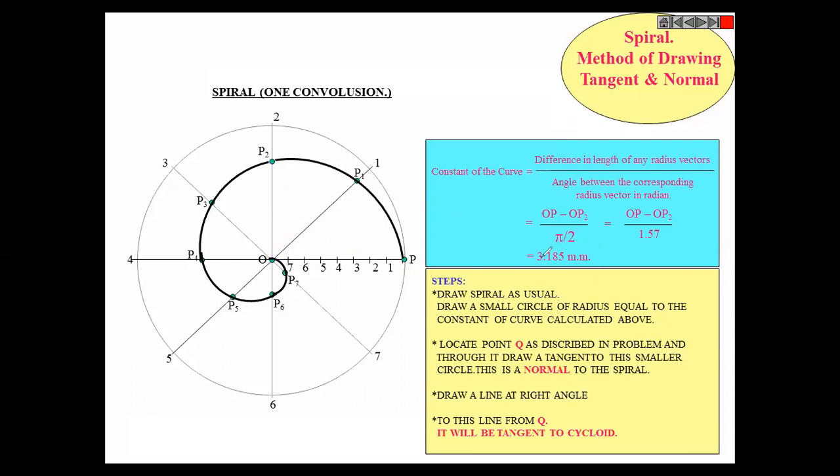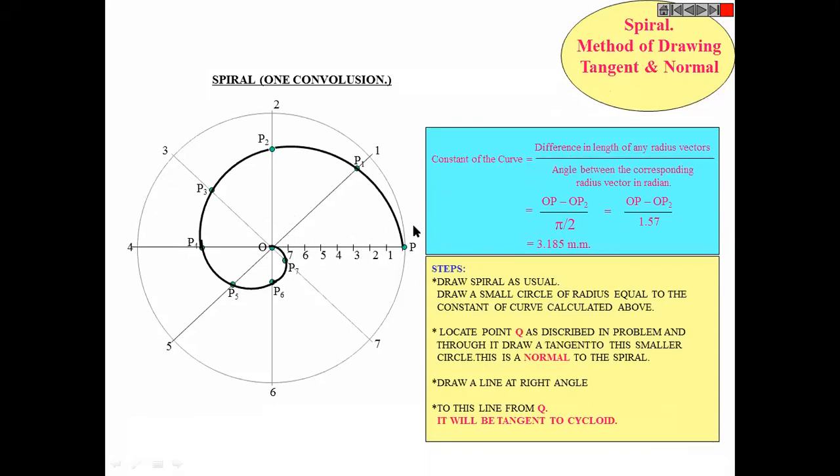Now you need to draw a circle from the center with radius equal to this value. That is the next step. The point is given. Now you are drawing the circle of this value.